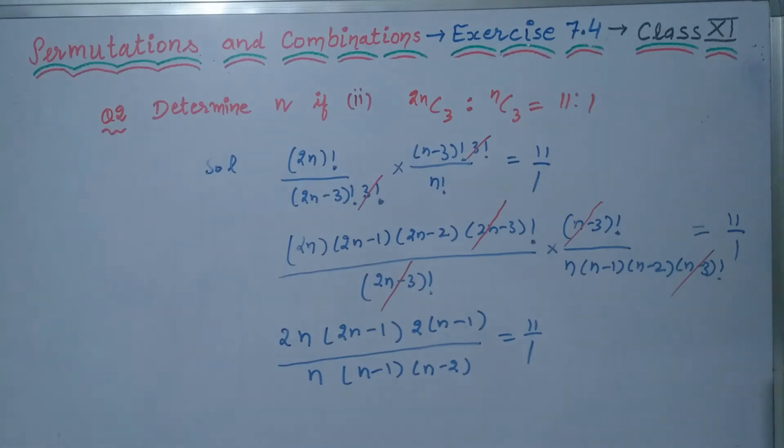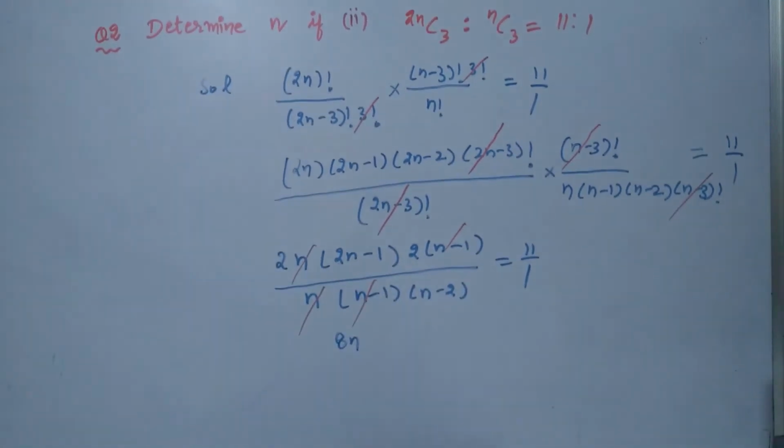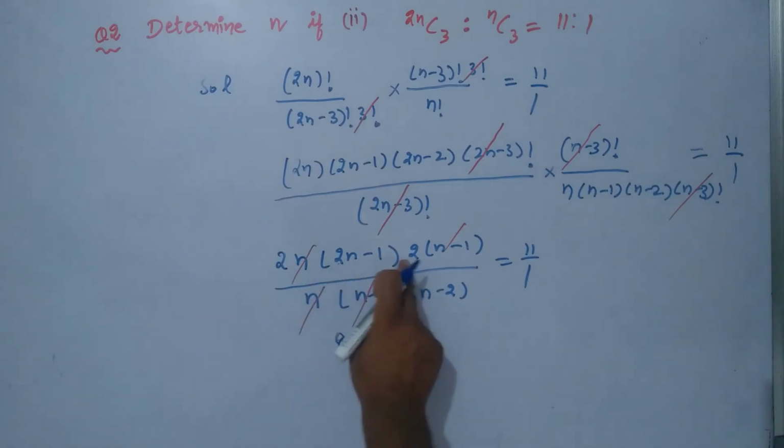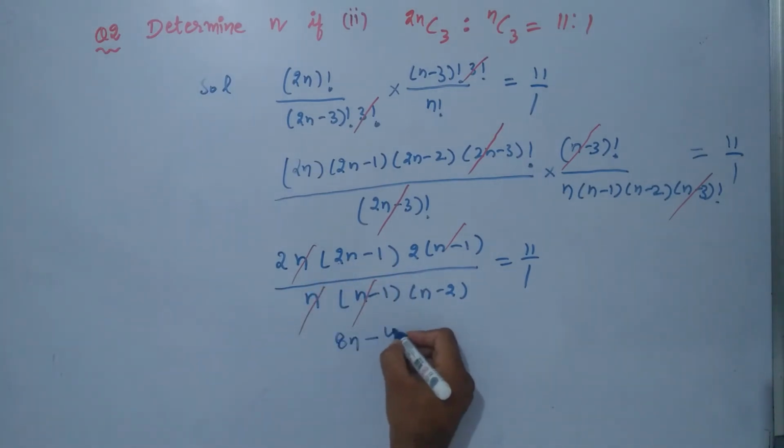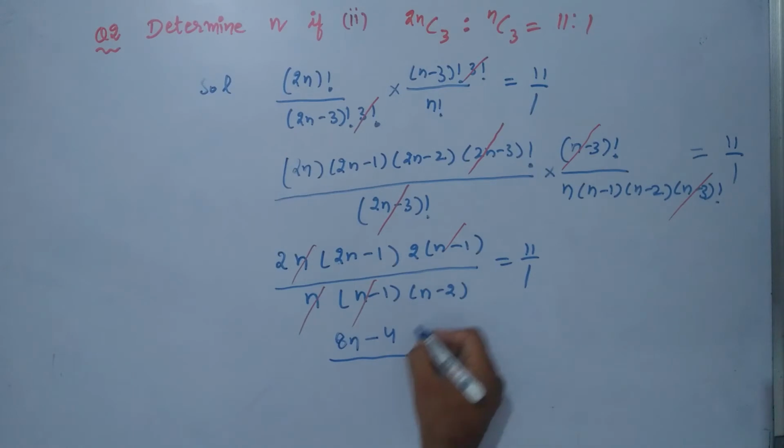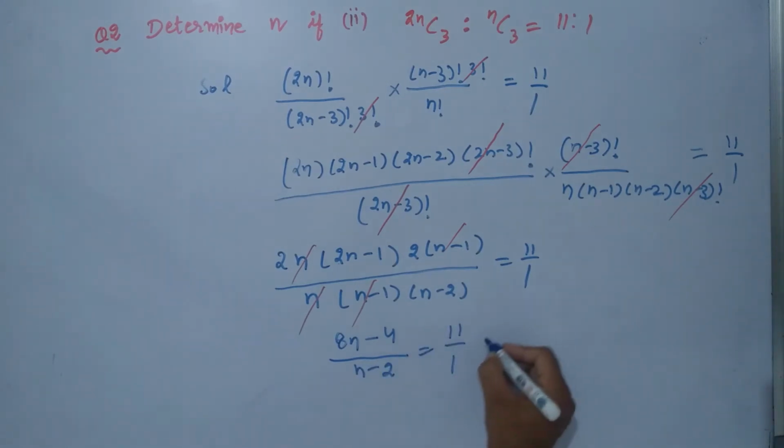Now again n is cancelled, n minus 1 is cancelled, so we have now 2 into 2 is 4, 4 into 2 is 8n minus 4 divide n minus 2 is equal to 11 upon 1.